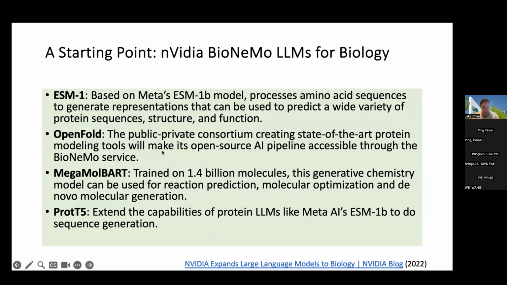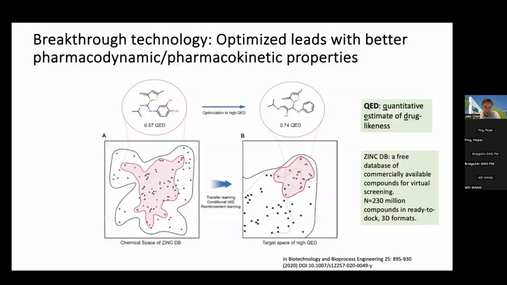It would also help you understand the protein structure and the chemical compound. The only thing it doesn't do is what we care about passionately, which is the cell regulation, gene regulation information, right?